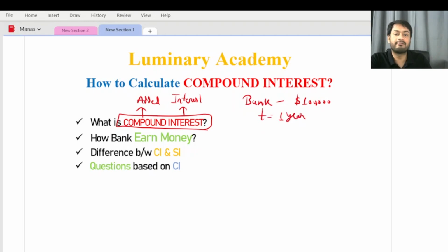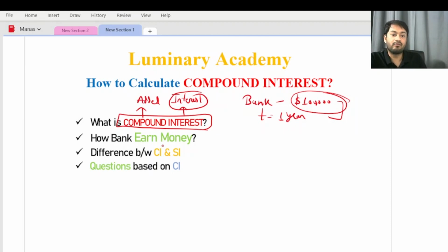For that 1 year you need to pay the interest to the bank. For that year in which you are using the bank's money, you need to pay some compensation to the bank, which we call interest. Now compound interest, I already told the meaning of this.